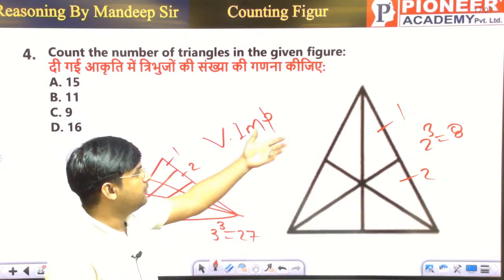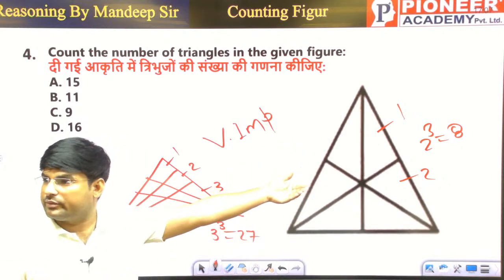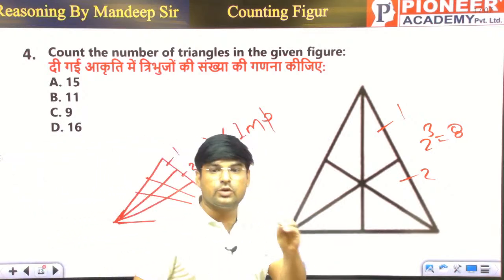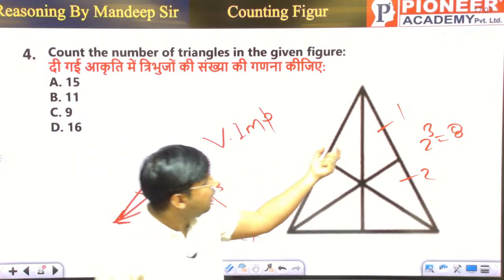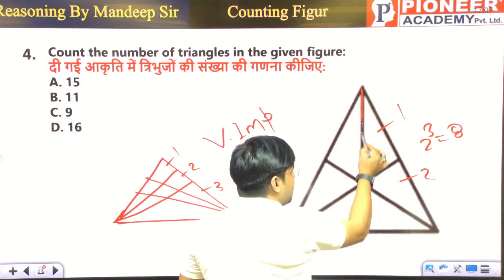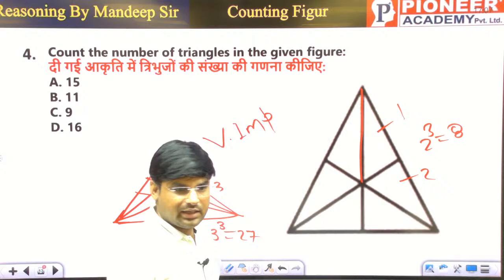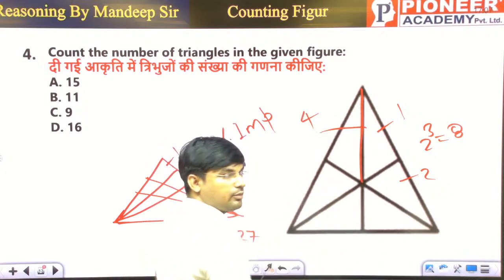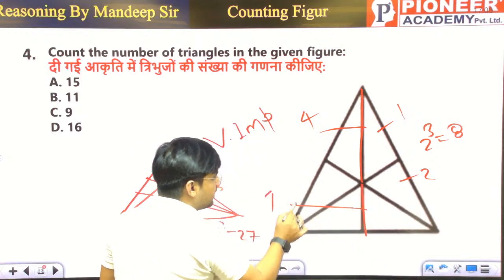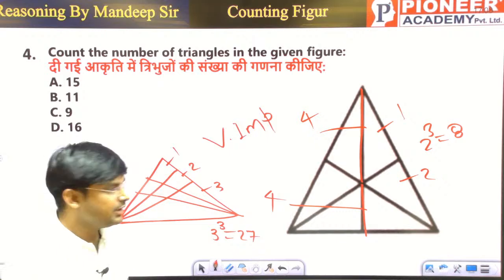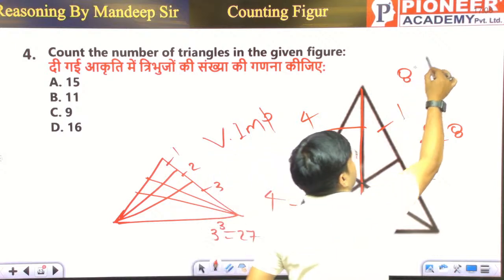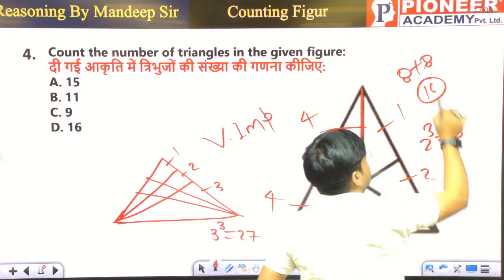If we got four parts, then we do cube of four. Clear? And we got four more triangles on every half line of the triangle. We got four more triangles, and on another half line we got another four triangles. So 8, 4 and 4, 8. 8 plus 8 equal to 16.